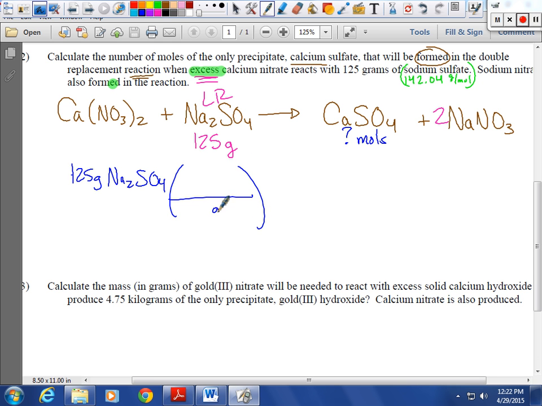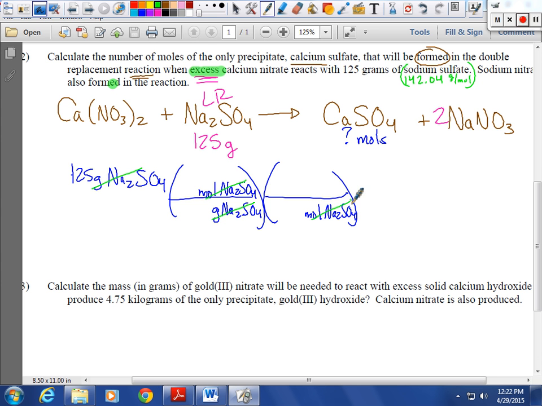So I've got grams of Na2SO4. But what's the first thing I have to convert to? Moles. I've got to go to moles first. So moles of Na2SO4. And then moles of Na2SO4. So unit-wise, I know what cancels.